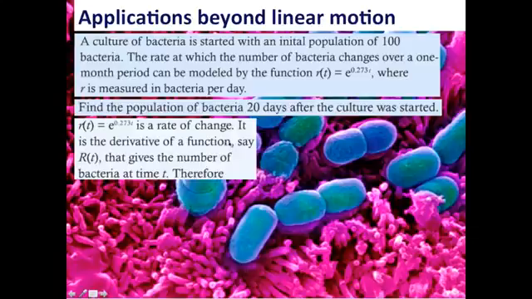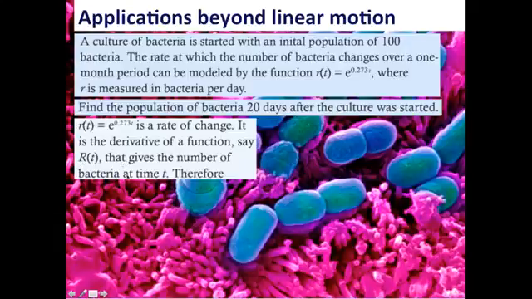So we know that this is a rate of change, so it is in itself the derivative of a function. It's the derivative of the population function, because if we have the population function and we differentiate it with respect to time, we end up with the rate of change in population, which is what we've got here. So therefore, if we integrate this function, we should end up with the capital R. Remember the antiderivative, we use capitals to distinguish that.